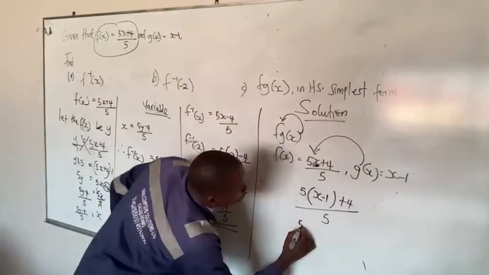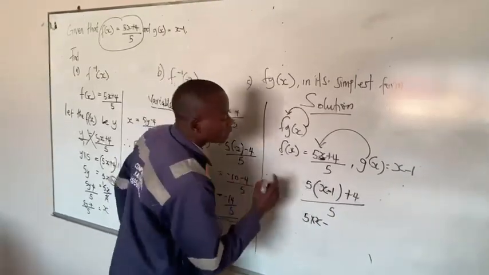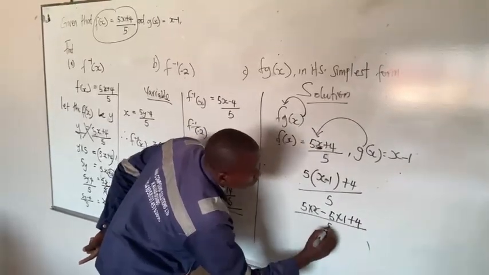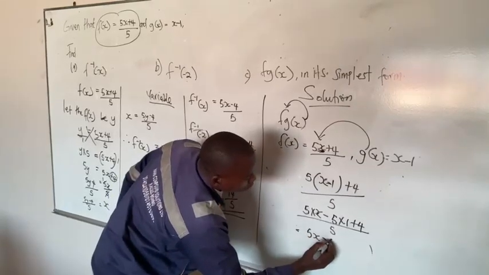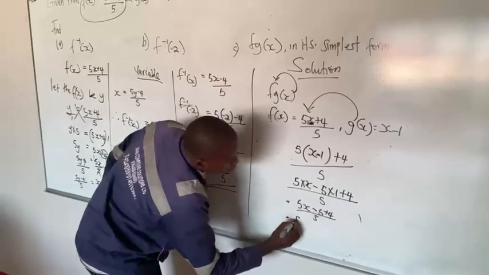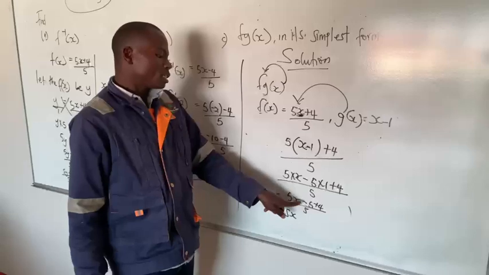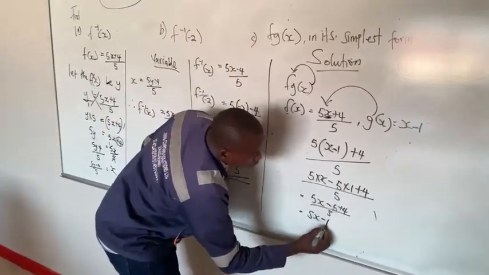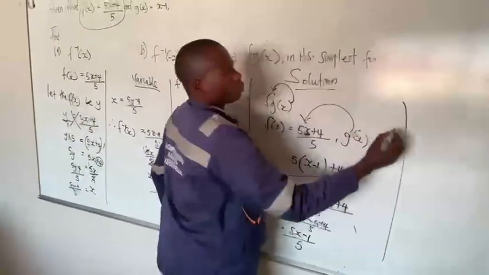Meaning that I'm going to have 5 times x minus 5 times 1, plus 4, divide the whole by 5. This means that I'm going to have (5x minus 5 plus 4) over 5. This shows that we are going to have 5x, then minus 5 plus 4, therefore you will have negative 1 over 5.